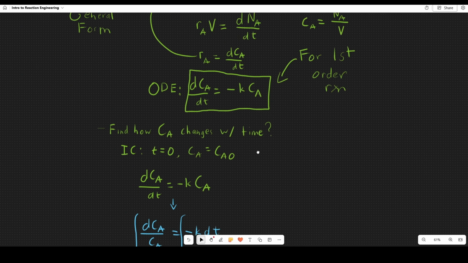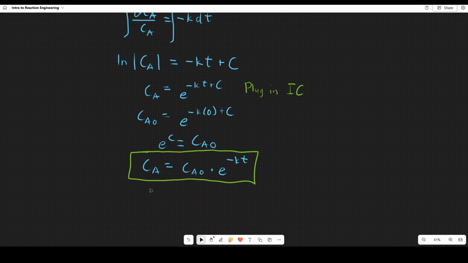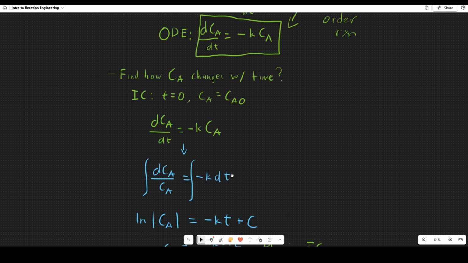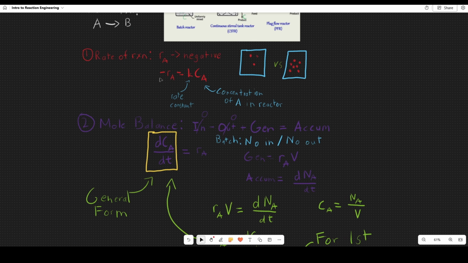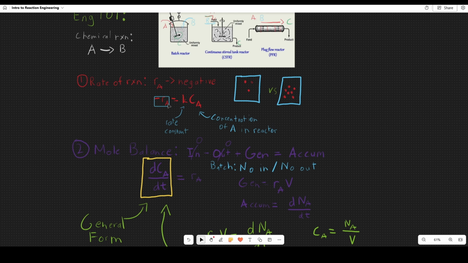But this is the general format of how we determine the concentration of a certain species with respect to time. Just to reiterate, what we do is figure out the order of the reaction, which gives R sub A. It's usually going to be negative because you're going to have depletion of the reactants.